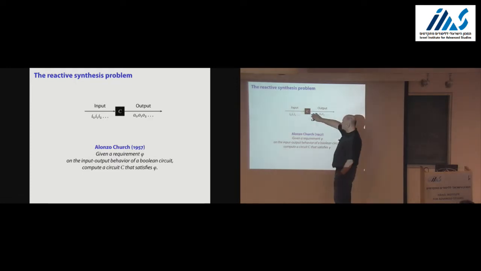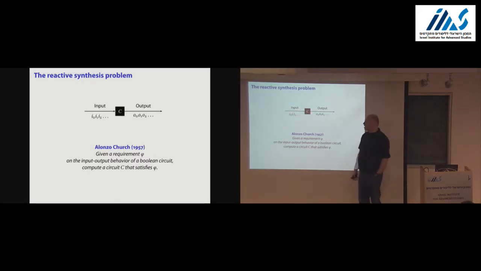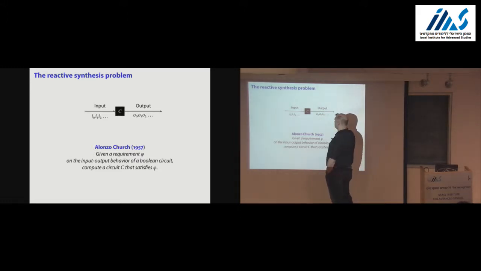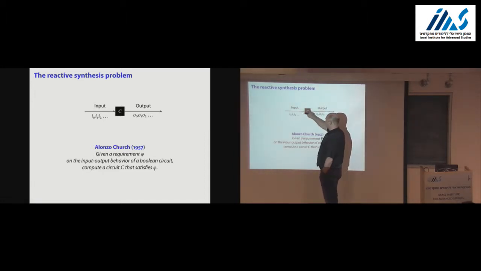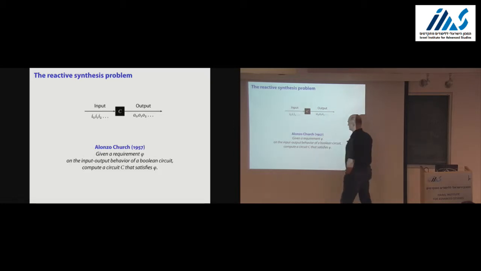So you have your component that you want to build, and your input consists of an infinite sequence of signals. Your output, again, is an infinite sequence of signals, and this requirement phi is a relation over these inputs and outputs, and what you're looking for is a circuit that guarantees that this relationship holds.